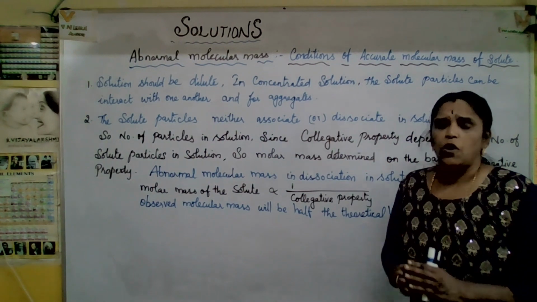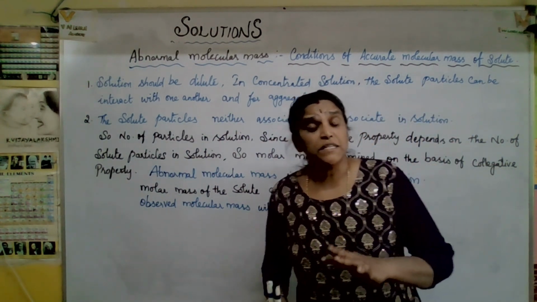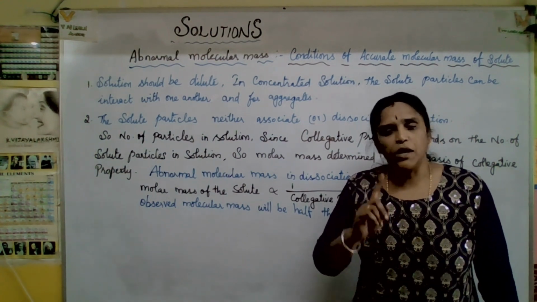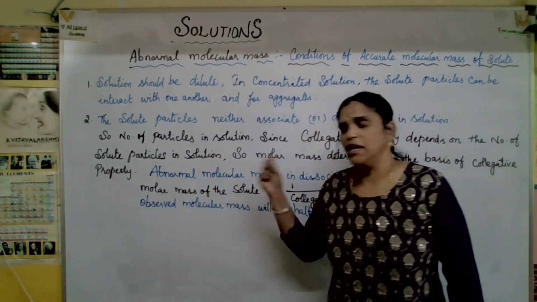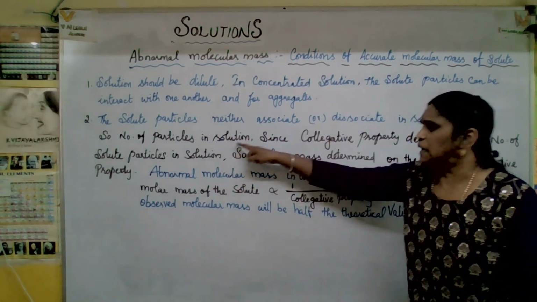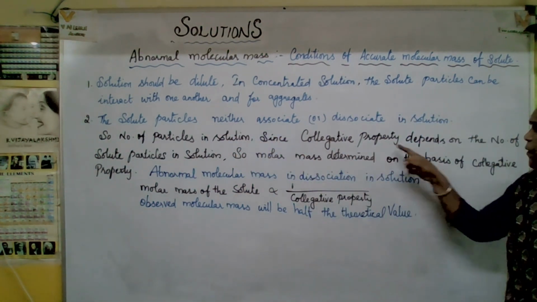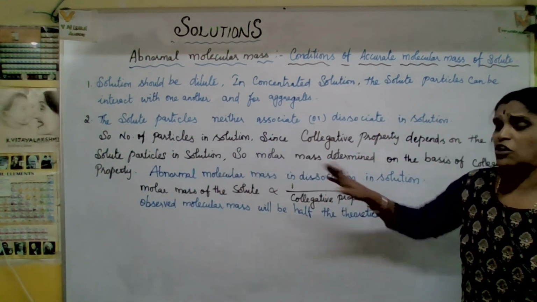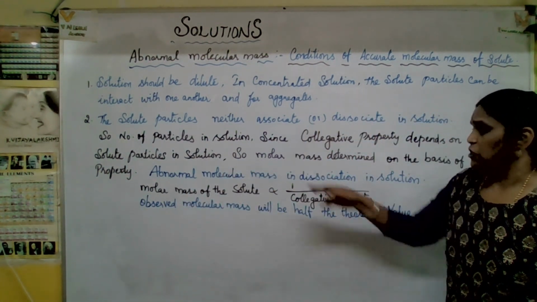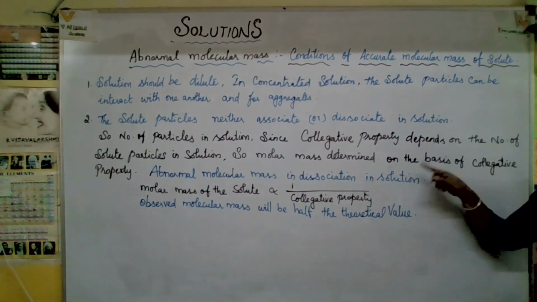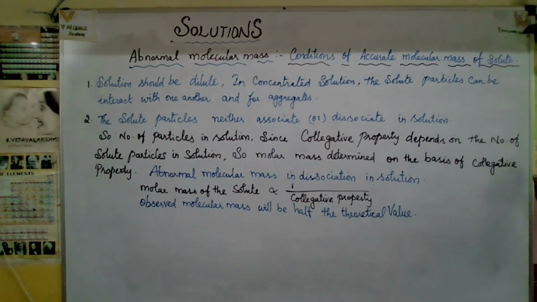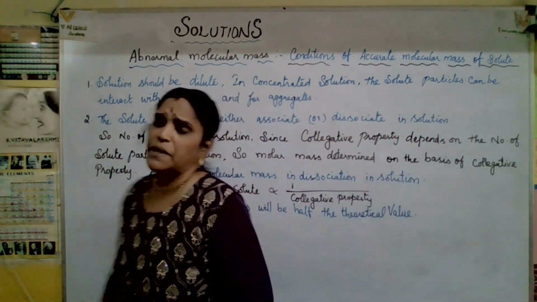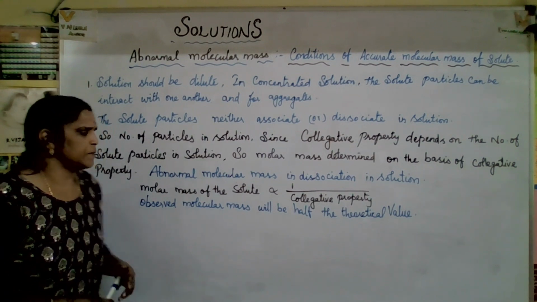Generally, a colligative property depends on the number of particles, not on the nature of the particles. I already mentioned the same idea. So the colligative property depends only on the number of particles in the solution, not on the nature of the solute particle. So molar mass is determined on the basis of the colligative property.